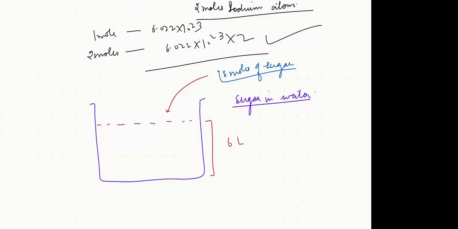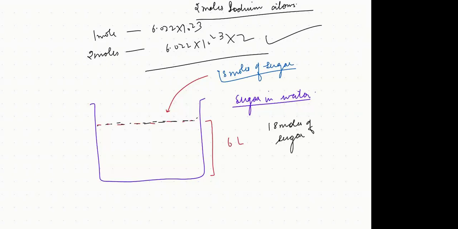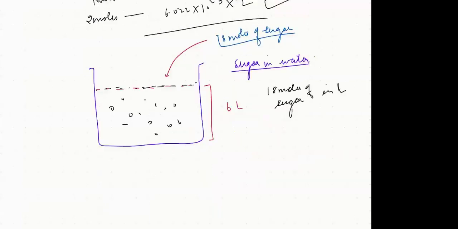So we would have 18 moles of sugar in 6 liters of water. If these black dots are representing water, what would you say to this? You would say that sugar has gone into the spaces between water.